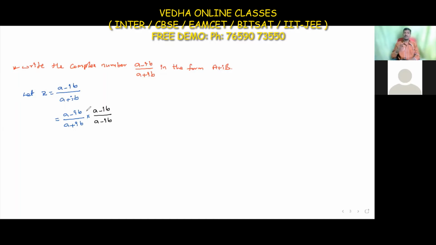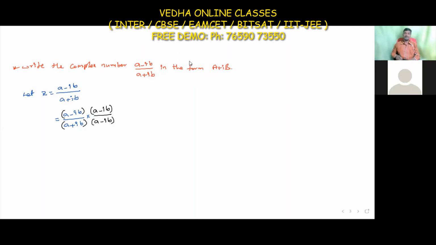Whenever we have an i term in the denominator, we remove it by rationalizing. Rationalizing is nothing but multiplying and dividing by the conjugate. So (a minus ib) into (a minus ib) in the numerator, and (a plus ib) into (a minus ib) in the denominator. Direct formula we have.